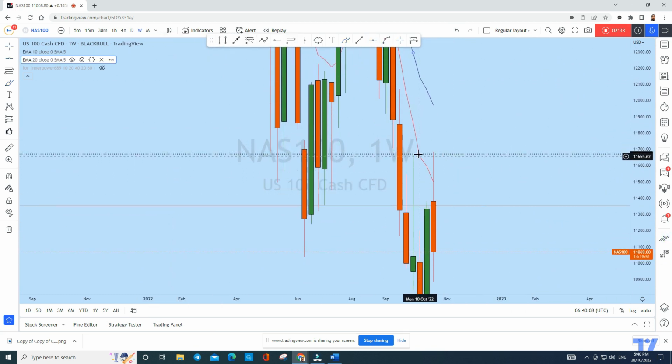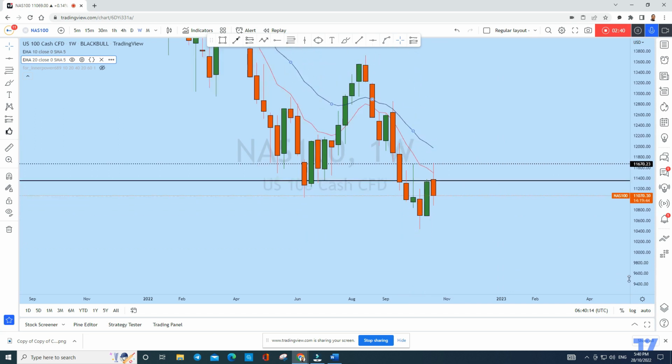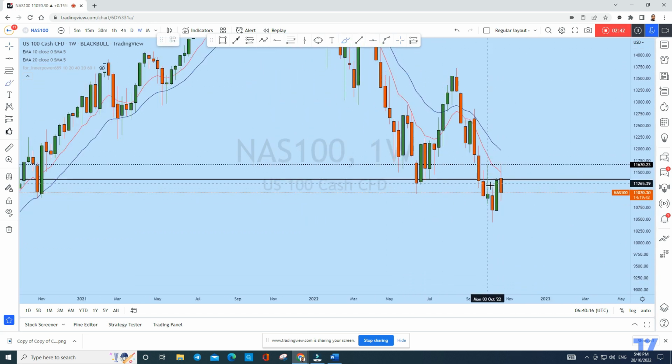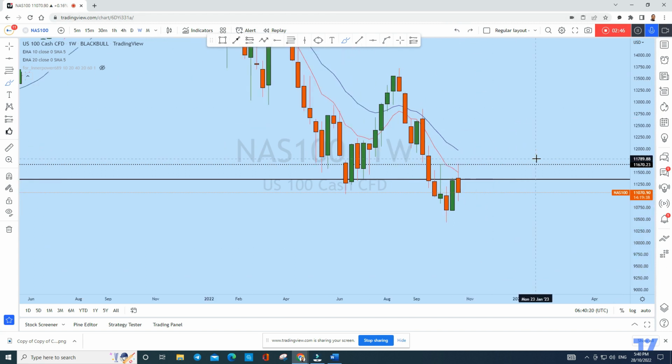This current week, the price created an overextended market condition. You can see that it penetrated this high and is now closing back below as a bearish candle. This is a sign that NAS100 may drop aggressively to the downside later this week or next week. So on the weekly perspective as well, we have a strong bearish movement.